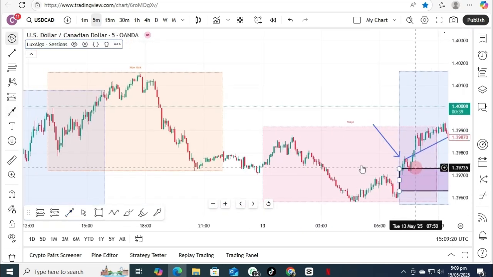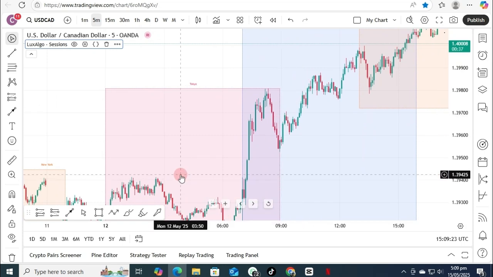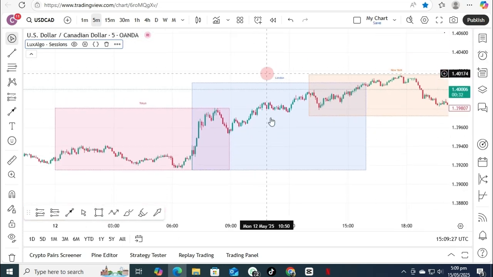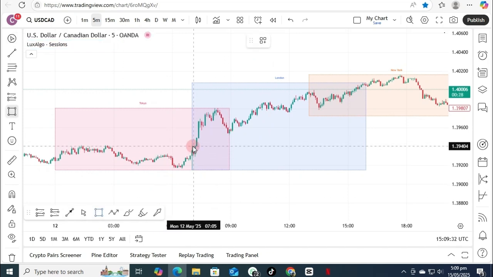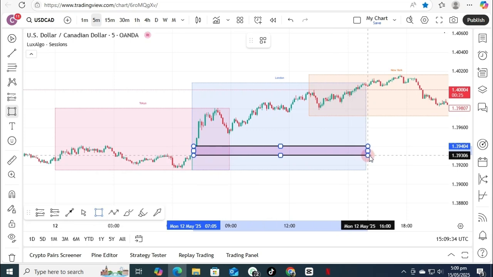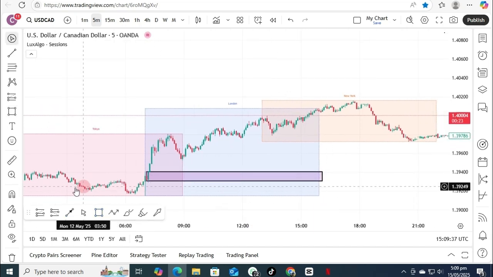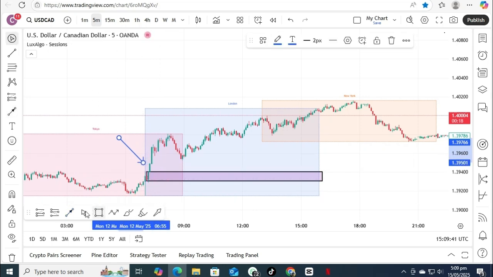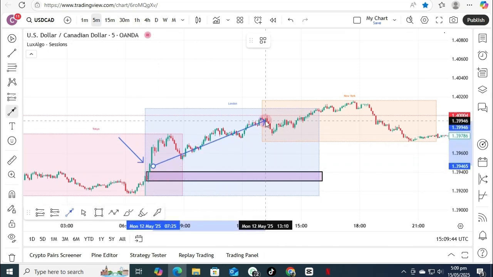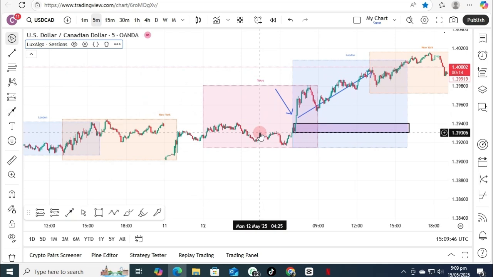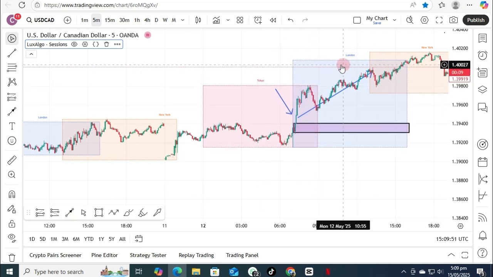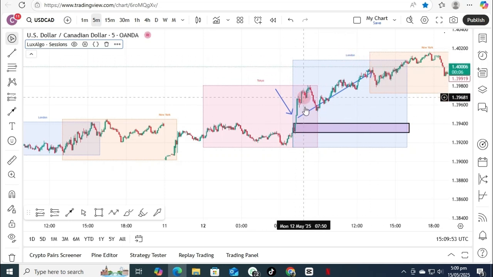All you have to do is wait for the end of the Tokyo session, look for the London session, and when it begins, mark that first candle. After that, price closed on a full bullish candle, and that's why we can buy. As simple as that.